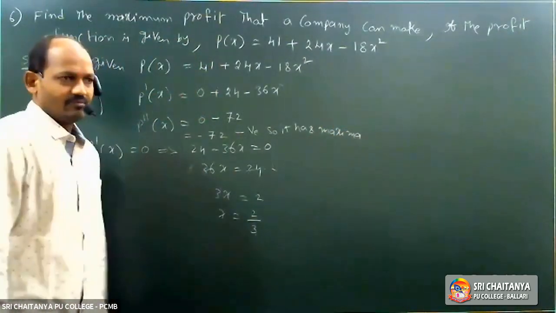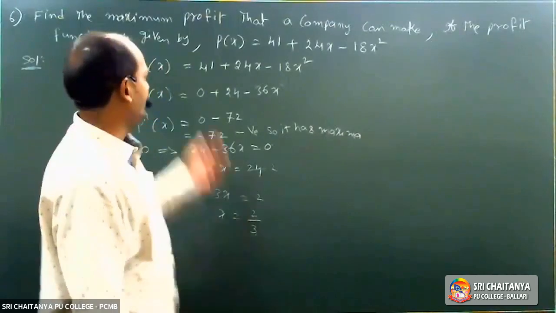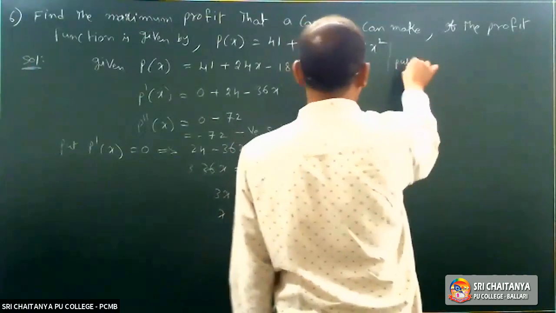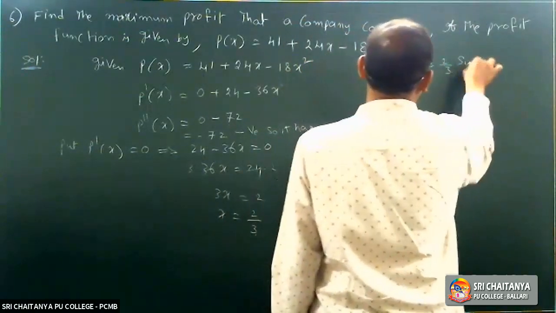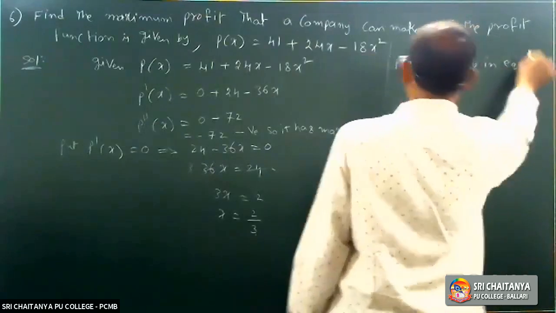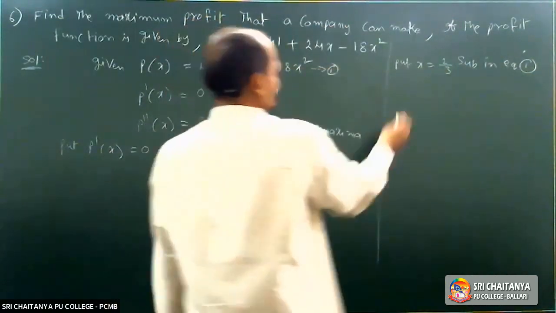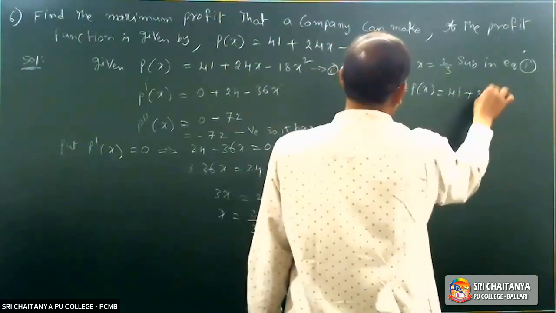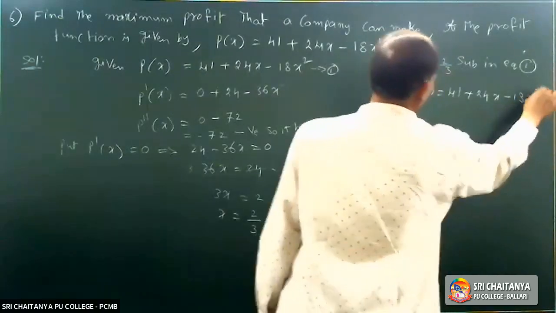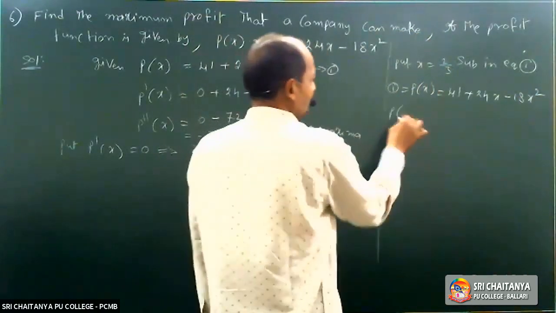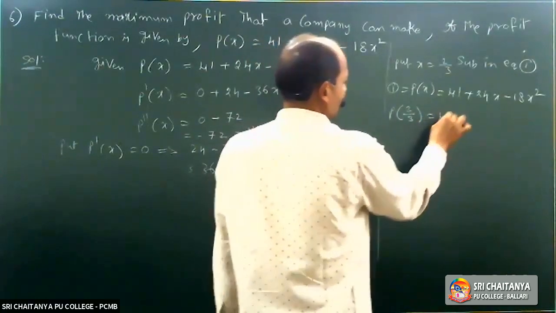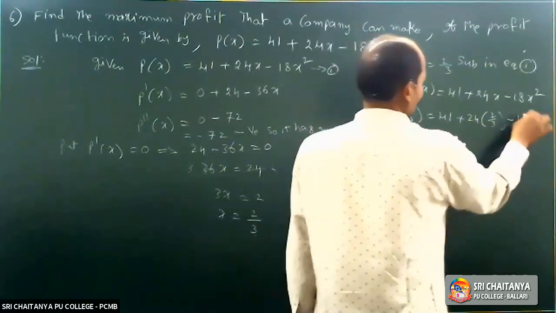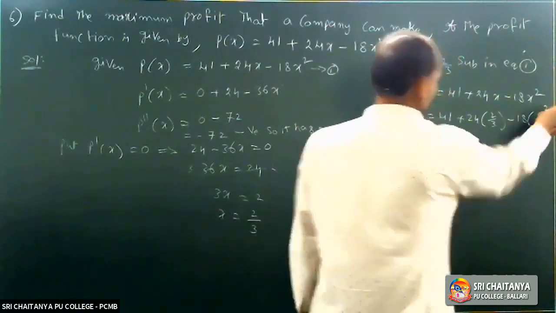But for maximum profit, x equal to 2 by 3, substitute in the given function. Now put x equal to 2 by 3, substitute in equation 1. Equation 1 is P of x is equal to 41 plus 24x minus 18x square. So P of 2 by 3 is equal to 41 plus 24 into 2 by 3 minus 18 into 2 by 3 whole square.